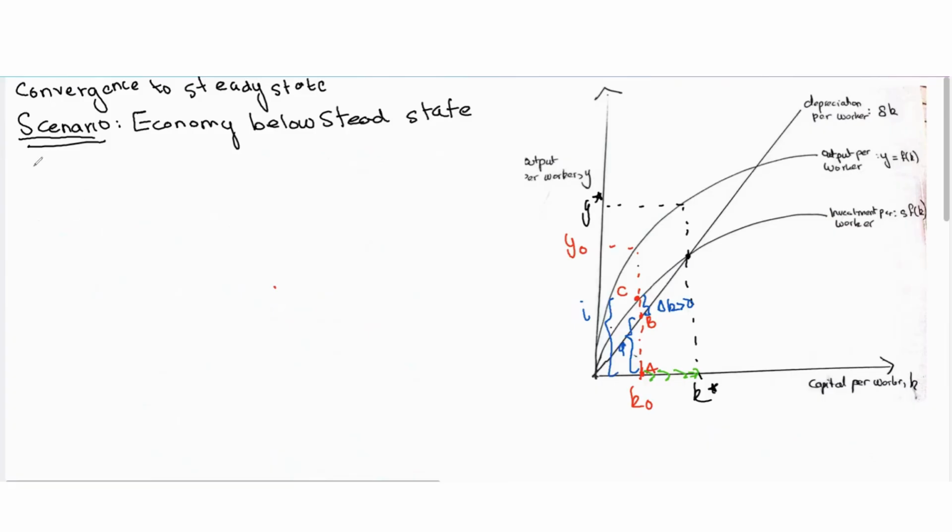since Y is equal to F of K, we know Y is a function of K. So basically output moves with capital. If K moves, output moves.